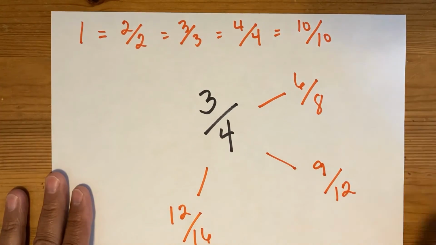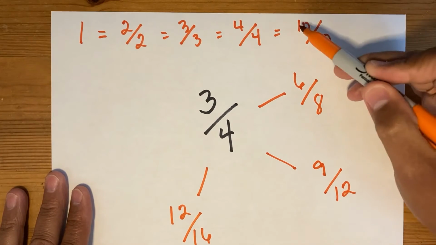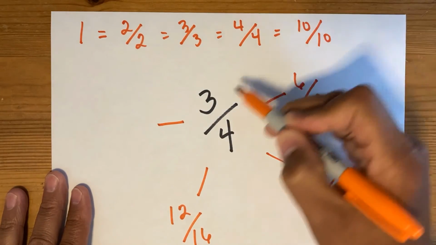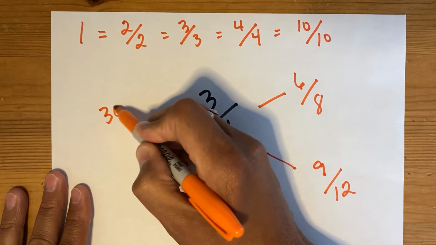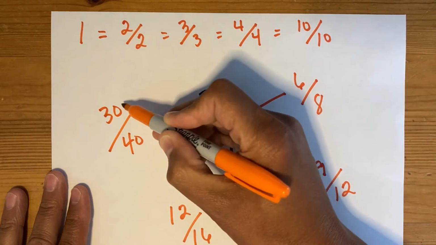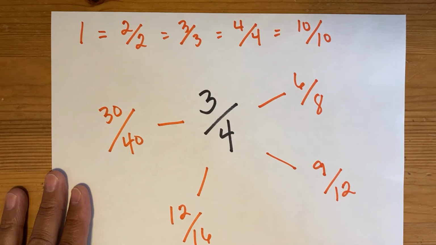So 12/16 is the same as 3/4. And if I use this form of 1, 10/10, 10 times 3 is 30. 10 times 4 is 40. So 30/40 is also the same as 3/4.